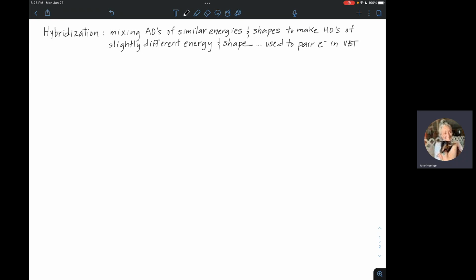So let's remind ourselves what we're dealing with here. In this particular class, we're going to be focused on carbon mostly. Sometimes we'll talk about nitrogen, occasionally oxygen, but mostly carbon. It's an organic chemistry class. So we're going to be dealing with the 2s orbital and the 3 different orientations of the 2p orbitals. If we have an s orbital, we remember it's spherical, and we're going to combine this with a p orbital.